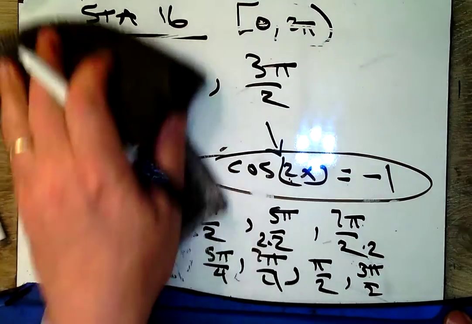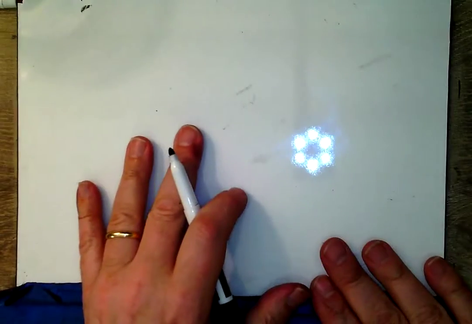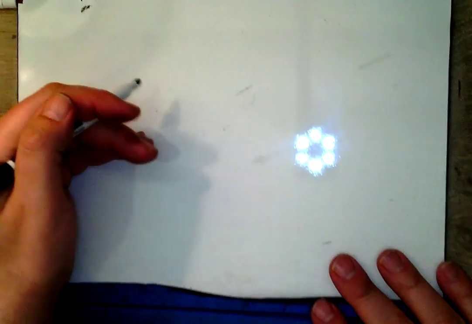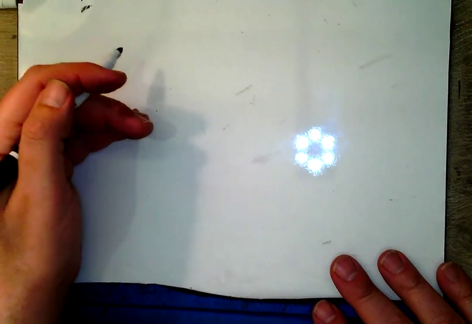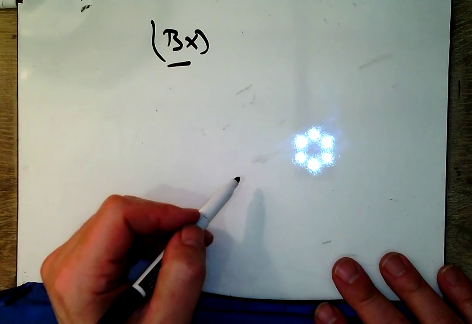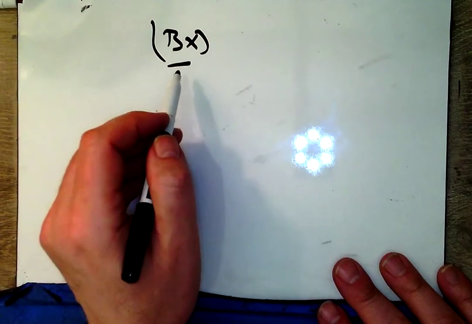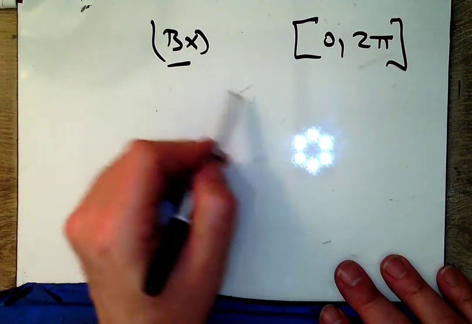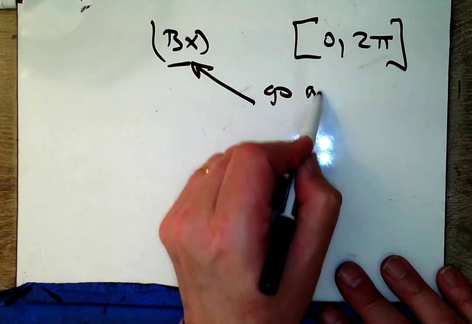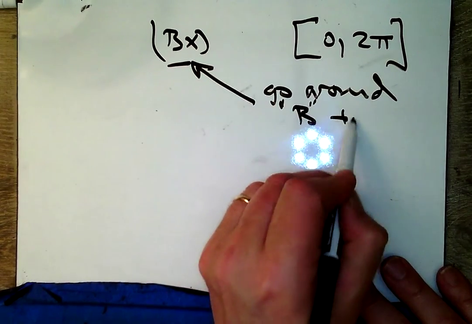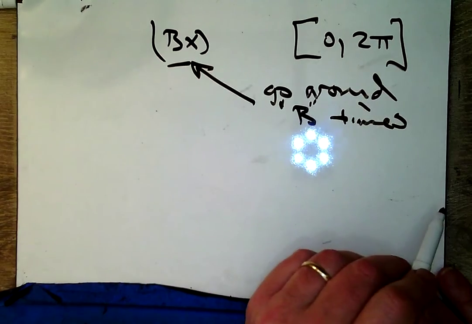Okay. Really, this stuff is pretty straightforward. You've got to figure out 0 to 2 pi versus all solutions. You've got to figure out what to do when we have a b value. If I have that b value and I'm on 0 to 2 pi, I have to go around b times, picking up solutions.